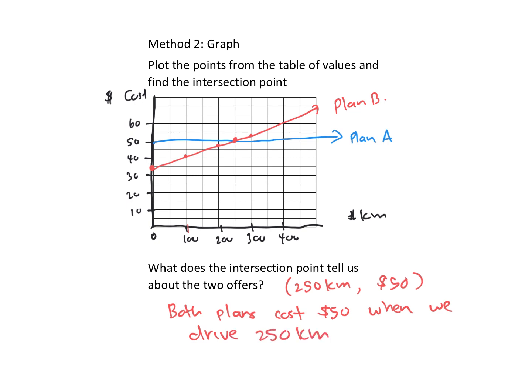If you were traveling less than 250, you would pick plan B. It's the lower line. If you plan on traveling more than 250 kilometers, you would pick plan A, which would be the lower line after. So this intersection point is 250, 50. So I can see that plan B is lower before that, and then plan A is the lower line after that.